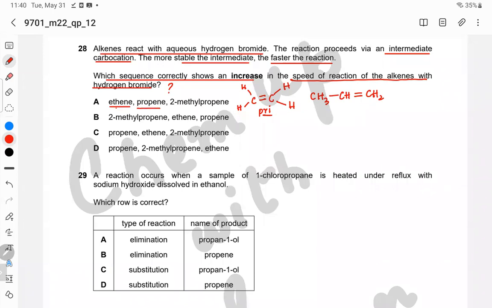In the case of propene, if this double bond is removed from here, a hydrogen will be bonded to this and this carbon becomes a positively charged ion, which means this is the intermediate. And here, this carbon is bonded to 1 hydrogen only, and on both sides there are 2 carbons, which makes it a secondary carbocation. Is this understandable?